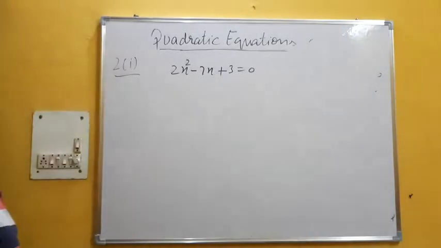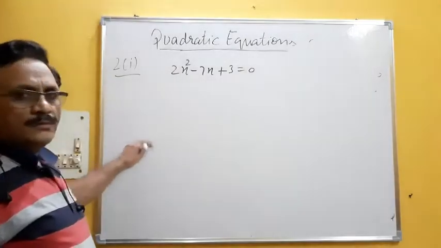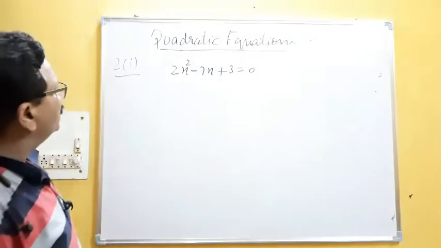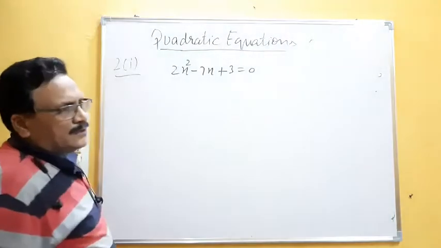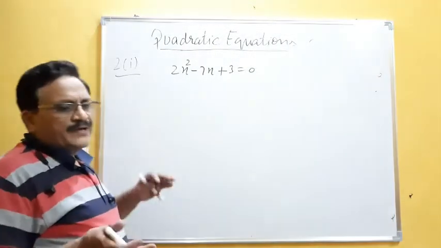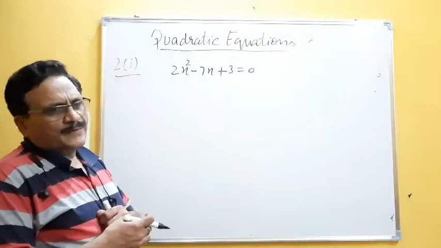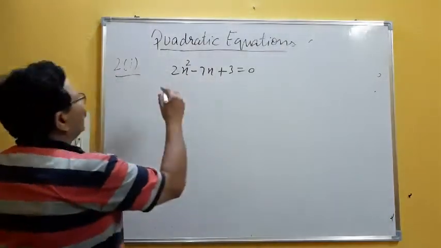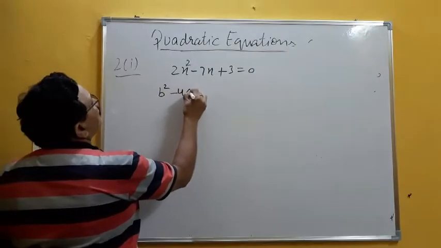Question number 2 is given to you to solve by the quadratic formula. First of all, if they are asking you to first find the existence of roots, it's okay, otherwise you can also do it directly. So first we calculate b square minus 4ac.